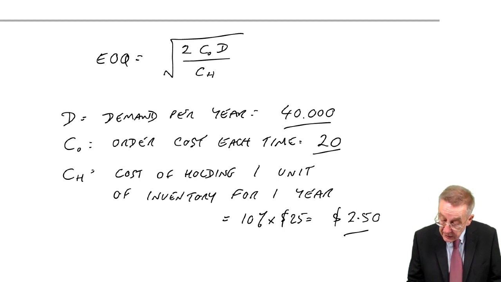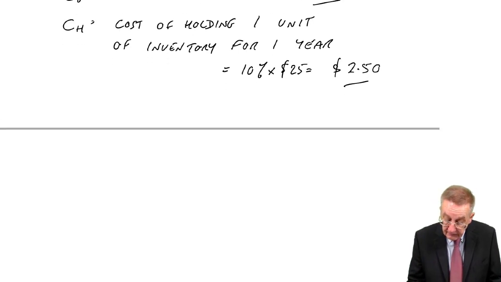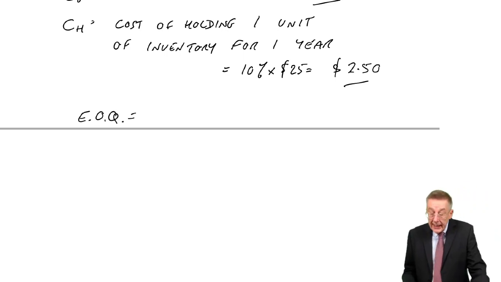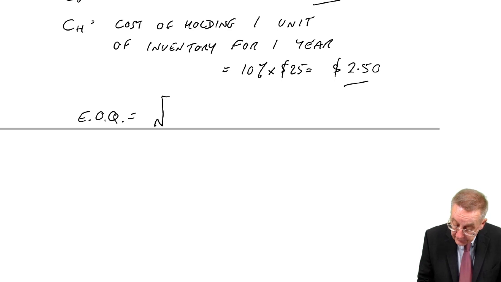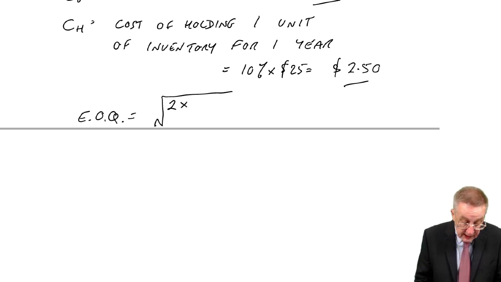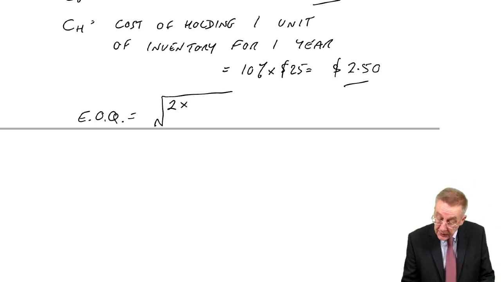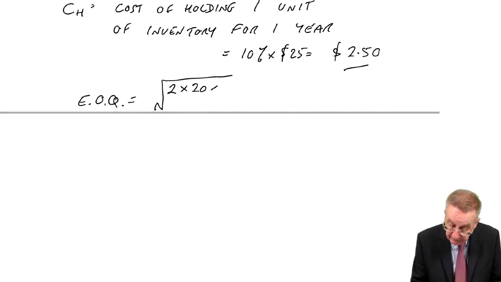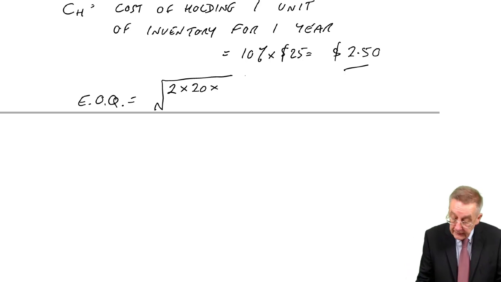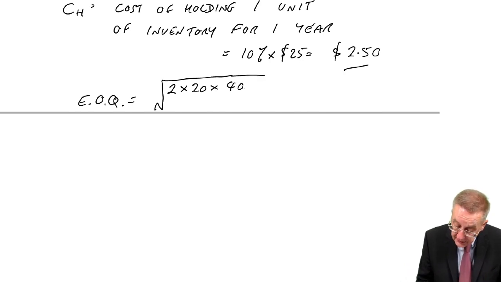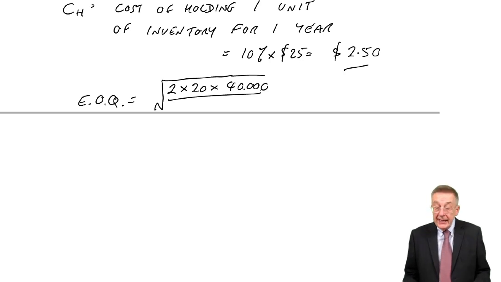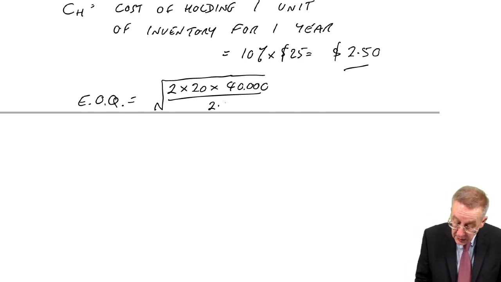It's then simply a question of putting it in the formula. So the economic order quantity is square root of 2 times C0, the order cost 20, times D, the annual demand 40,000, divided by CH, the holding cost $2.50.